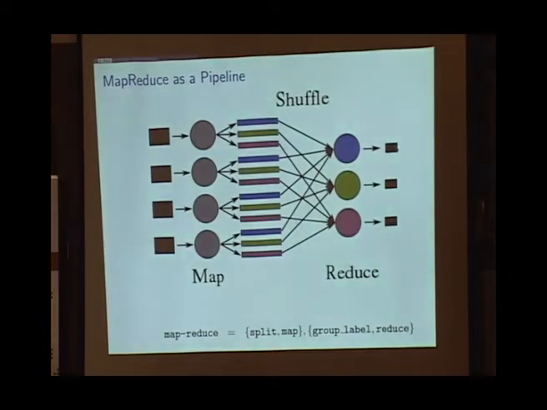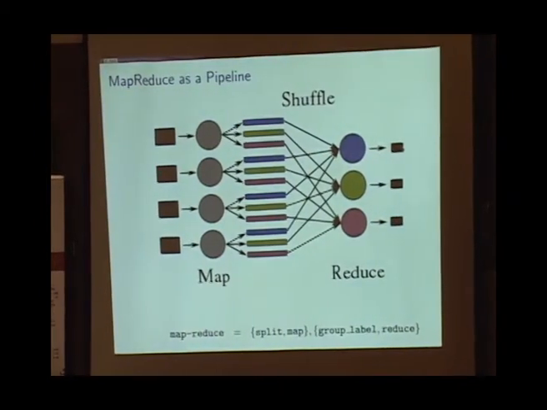This is the case across the whole cluster, with no node locality. And the reduce stage groups by label all the intermediate output files and performs a reduce. So you can express MapReduce in terms of the pipeline model, but the pipeline model is more flexible.